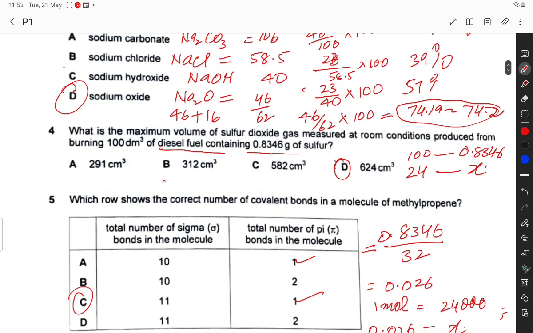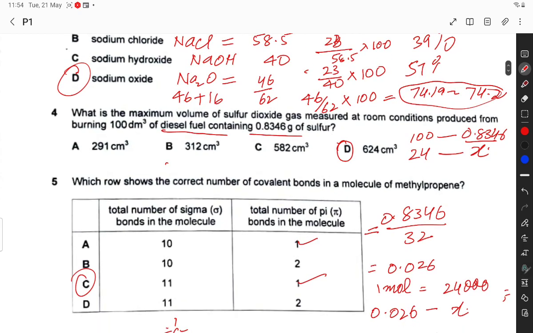What is the maximum volume of sulfur dioxide gas measured at room temperature from burning 100 dm cube of diesel fuel containing 0.346 gram of sulfur? We know that 100 dm cube has this mass of sulfur.